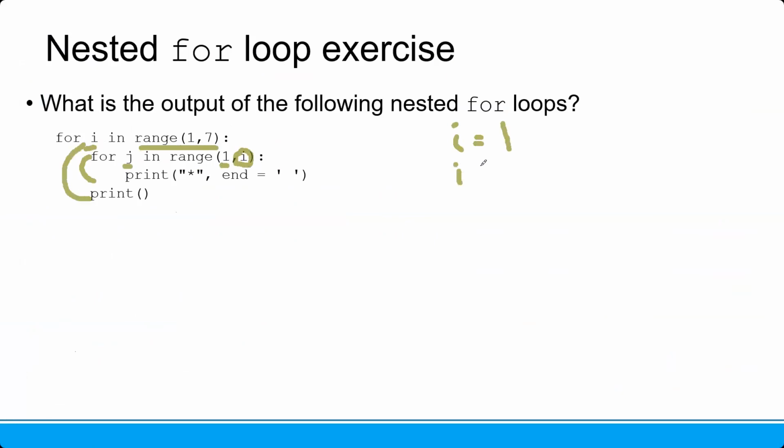I equals 2. Then the range will be from 1 until 2. So if J equals 1, we will print a star.